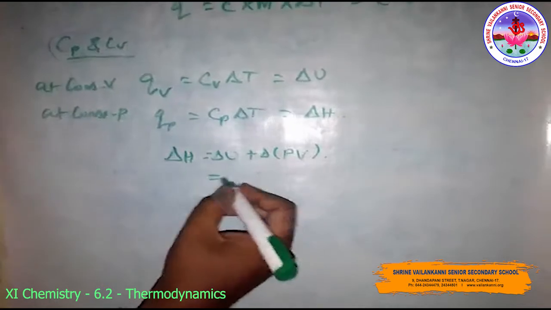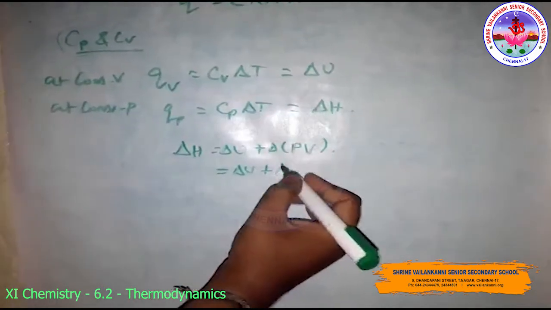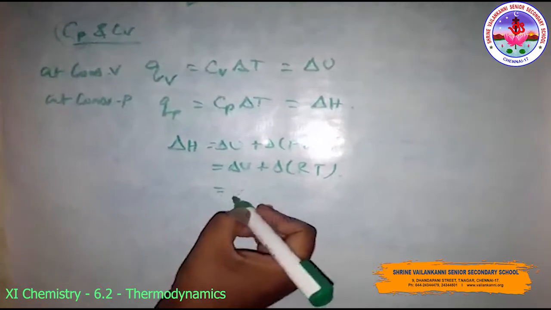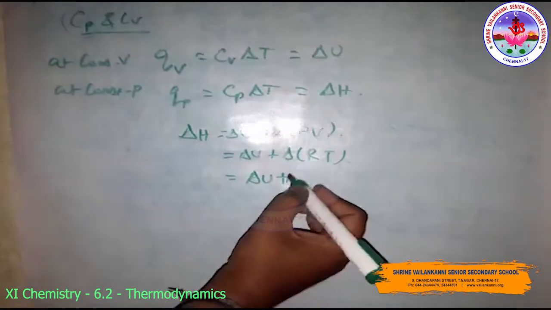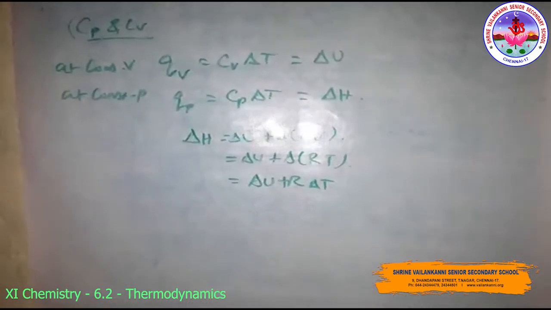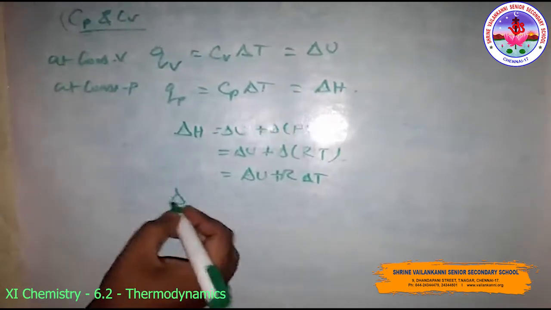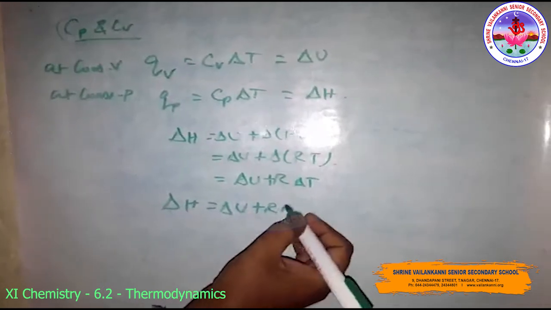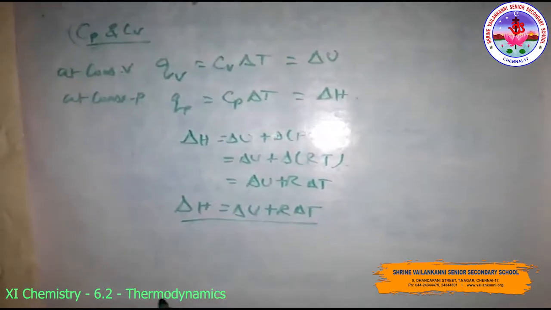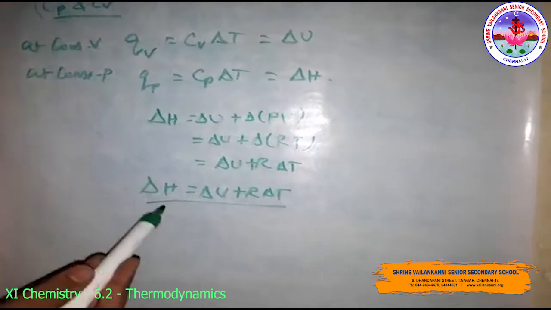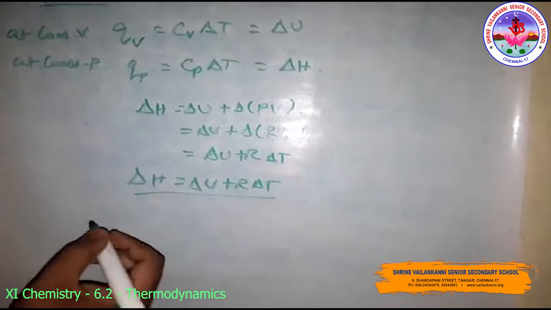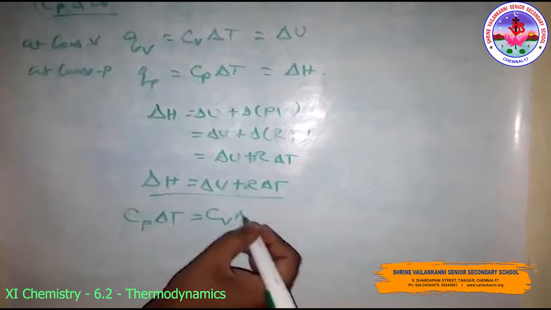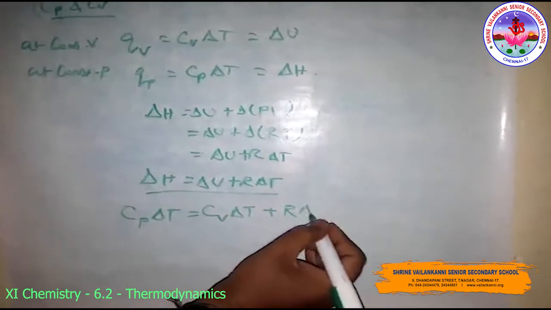Here delta PV is equal to R delta T. So it will become delta U plus R delta T. Therefore delta H is equal to delta U plus R delta T. On putting the values of delta H and delta U, we have Cp delta T is equal to Cv delta T plus R delta T.